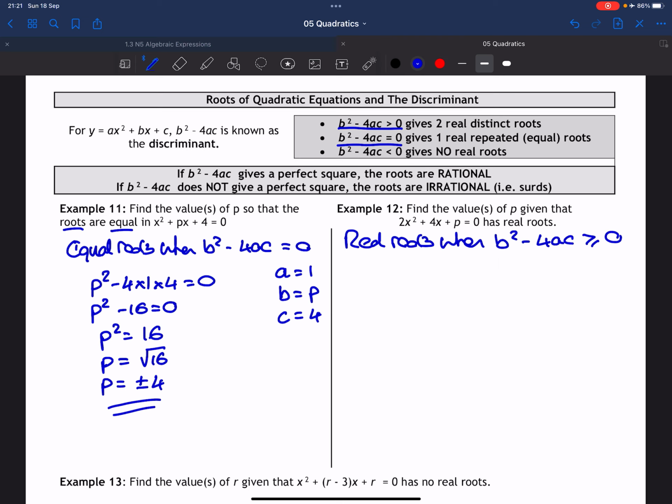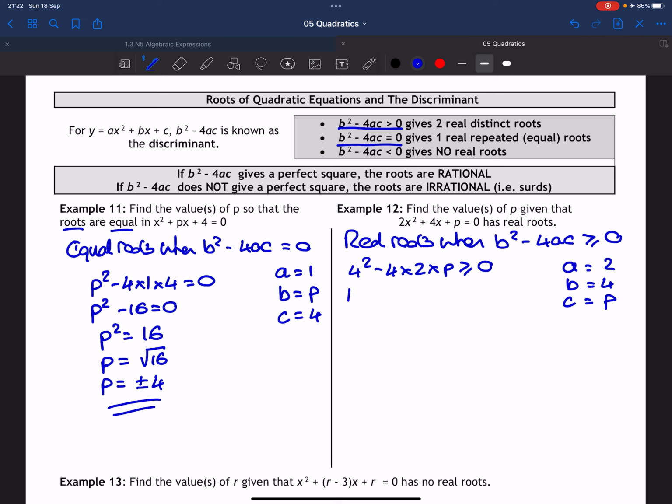So let's pull out the values of a, b, and c. So a is 2, b is 4, and c is p. So let's put that into our expression here. So I get 4 squared minus 4 times 2 times p is bigger than or equal to 0.